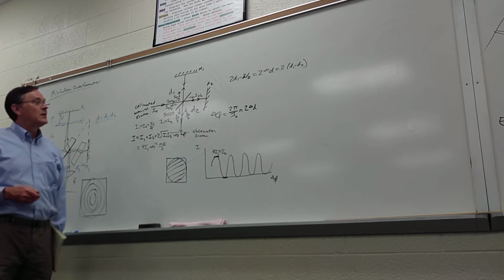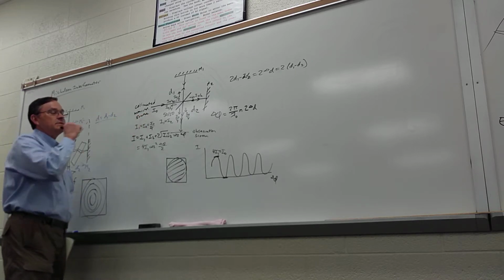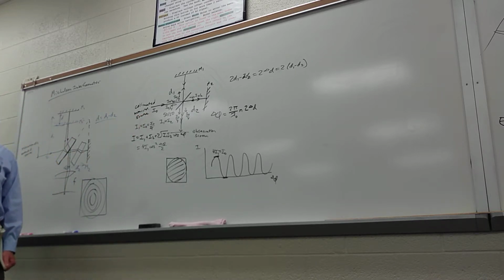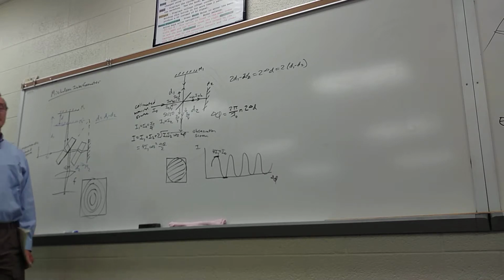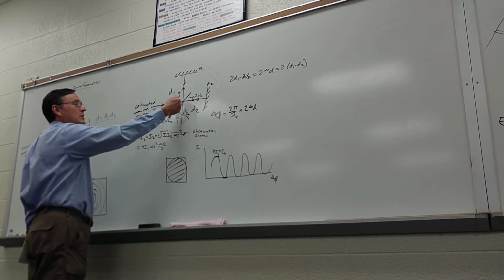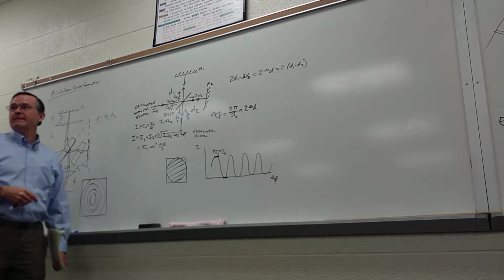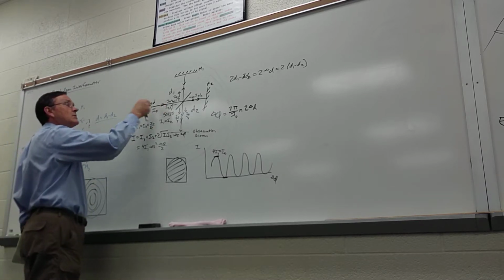But in essence, this Michelson interferometer is a 2-port device. It has 2 output ports. One of the output ports is this way, one of the output ports is that way. And so this output port is also the input port.